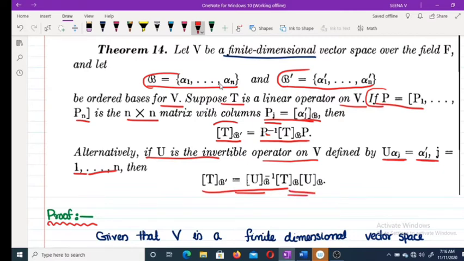Now, what is given? If you look back to our section on coordinates, there is another theorem, the second theorem.